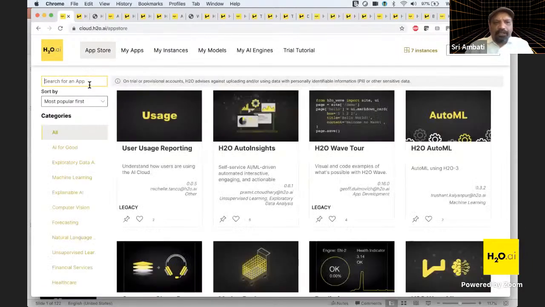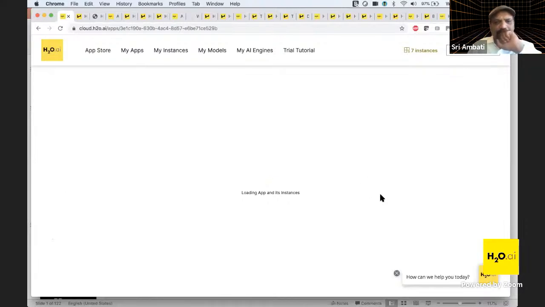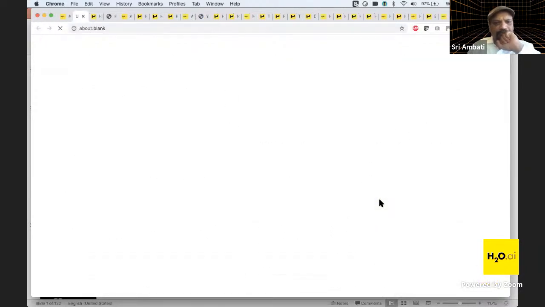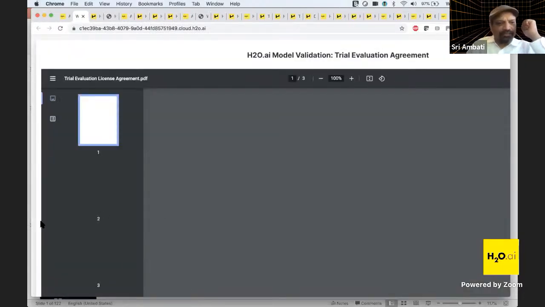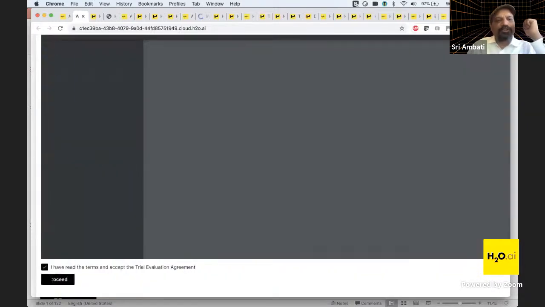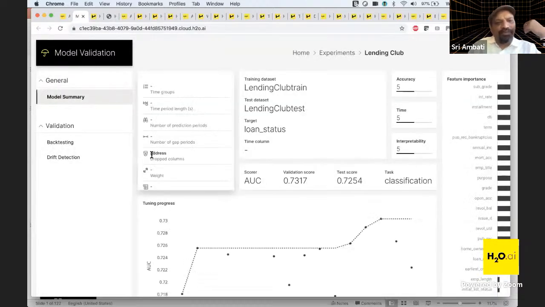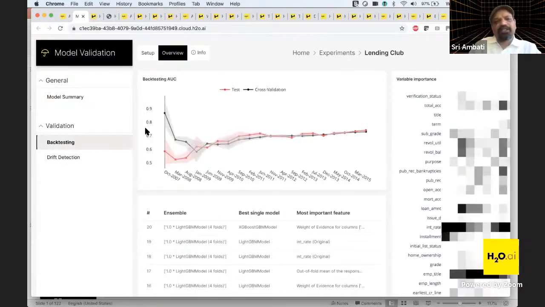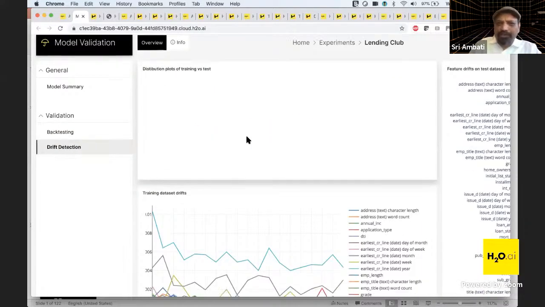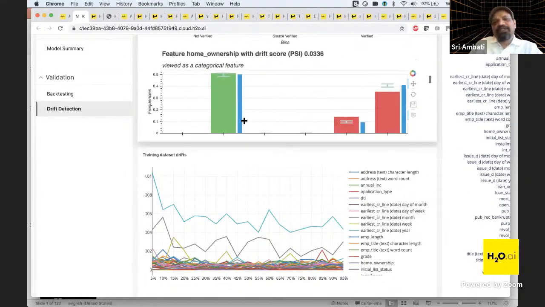I'm going to try and show one more piece. Let me see if I can pick up a validation demo here. The idea here is, as drift happens, you want your models to be rebuilt and managed, and essentially build adversarial testing and back testing for your models, and let the system manage the models for you.